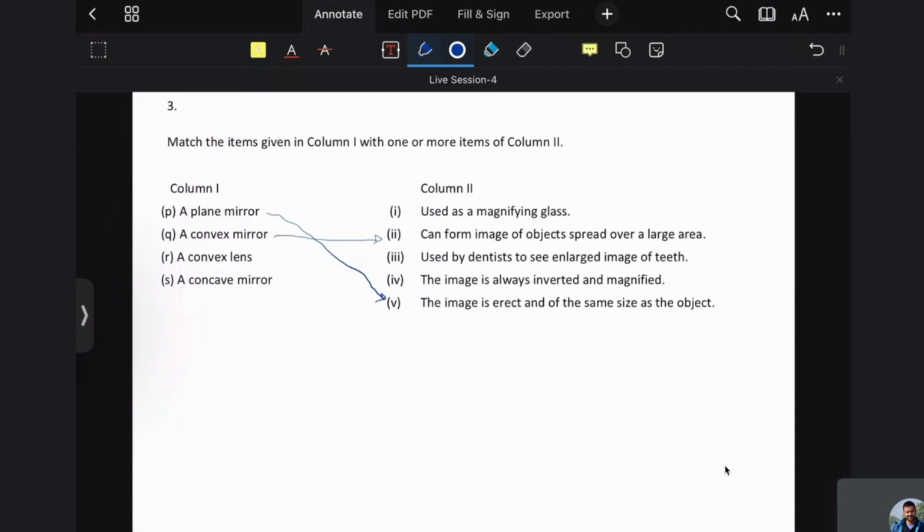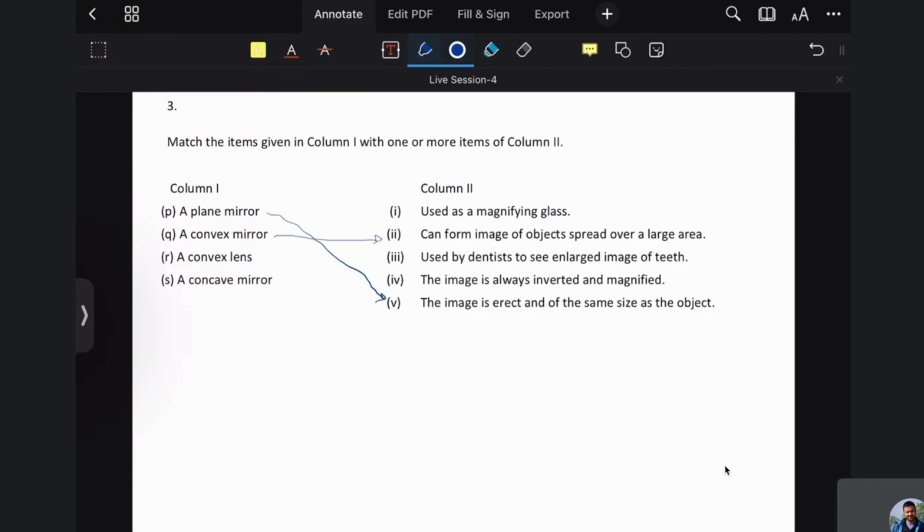So I was discussing this third problem. Let me go over it once again. It's a matching the column problem. Here the first option in column 1 is a plane mirror, and it matches to column 2 at the fifth option, which says the image is erect and of the same size as the object.